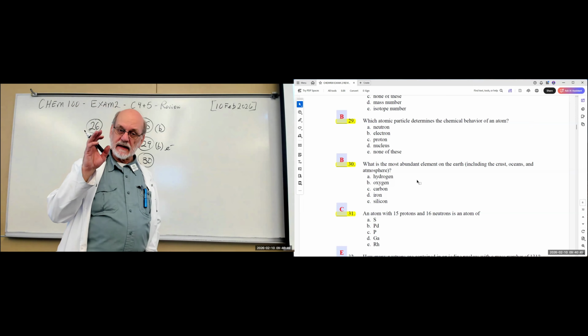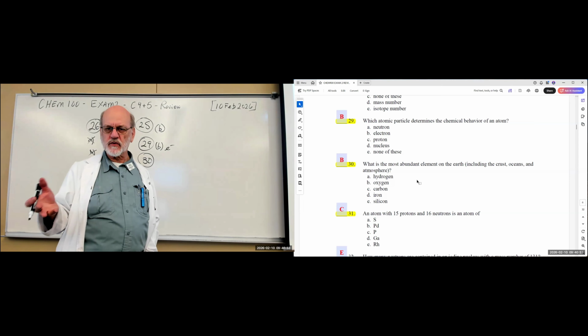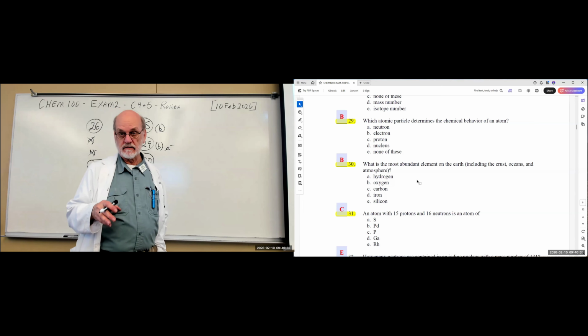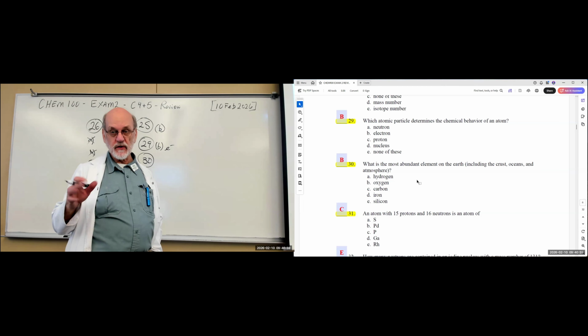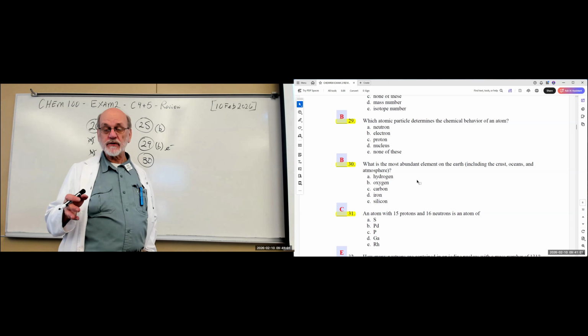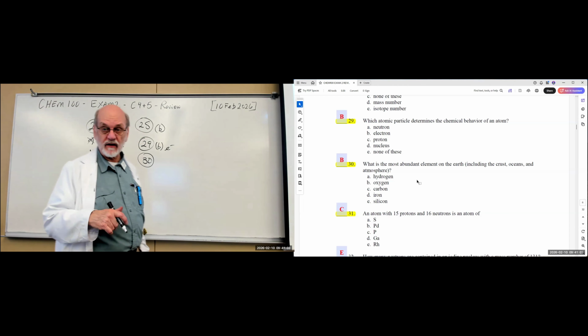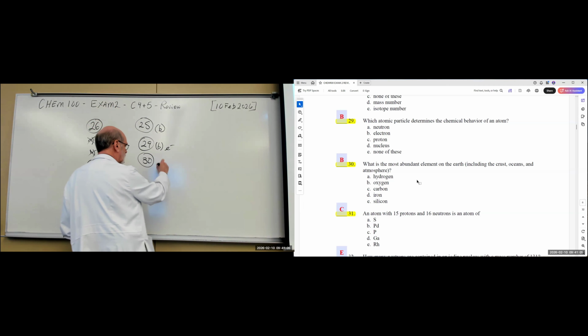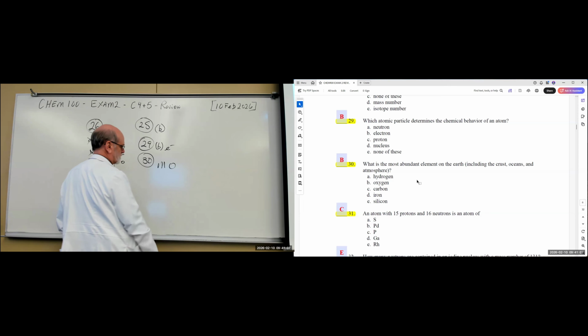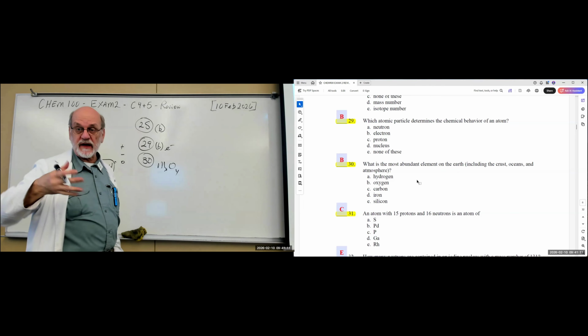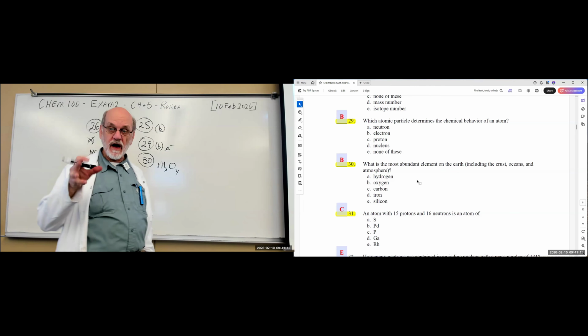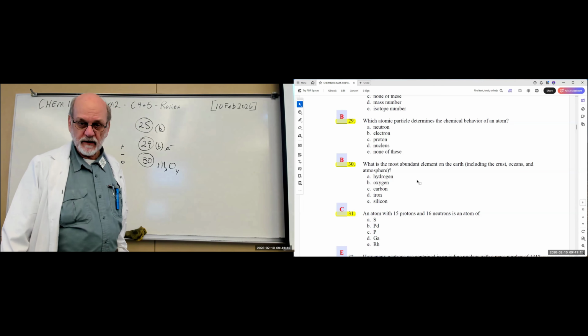And where does oxygen reside in the crust? It's not oxygen gas, although there is a little bit there, but most of it is oxides of the metals. We have some metal and it's combined with oxygen, and the subscripts vary depending on the metal. But that's where the oxygen's located, in the crust.